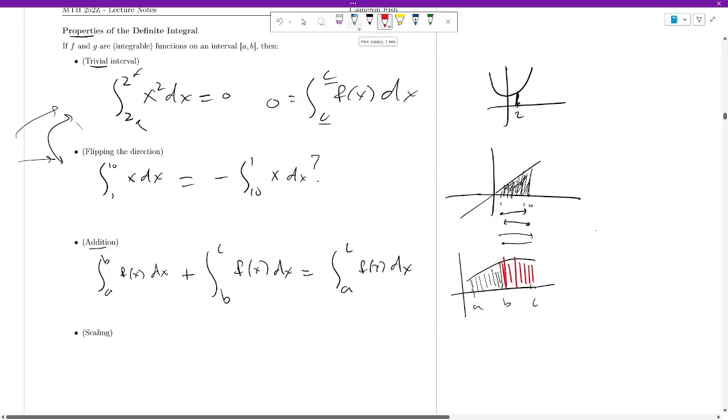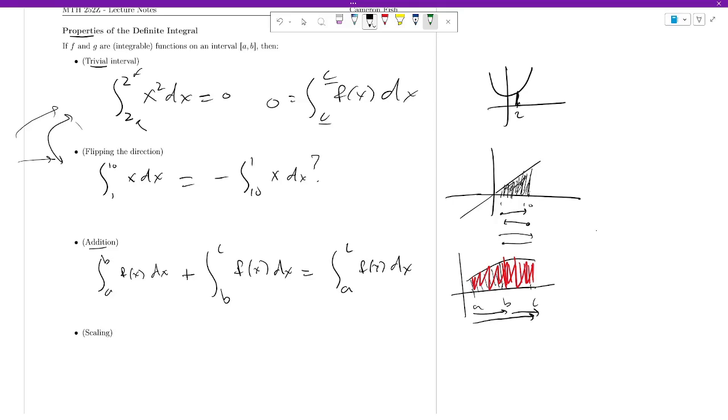It had better be the case that integrating from A to B and then from B to C is the same in total as integrating the entire thing from left to right. That's what this rule is about. If I go part of the way there and then finish, that's the same as having gone the entire way from the beginning. So I'll write the generic version.